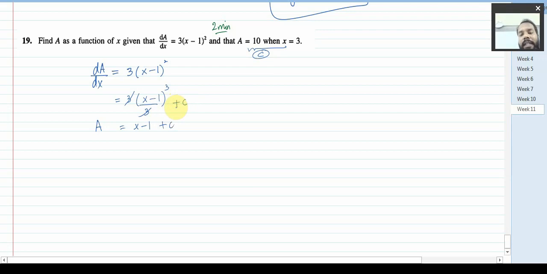So when a is 10, x is 3, so it's 3 minus 1 plus c. 10 minus 2 is 8, so you got the value of c, which equals 8. When you have the value of c, you can place it in this equation. So area equals x minus 1 and the value of c is 8. So you got a equals x plus 7 and that is your answer.